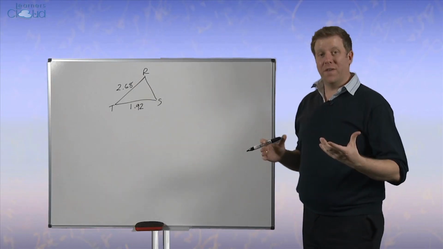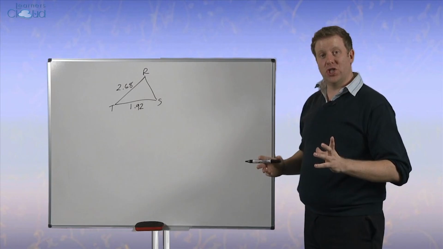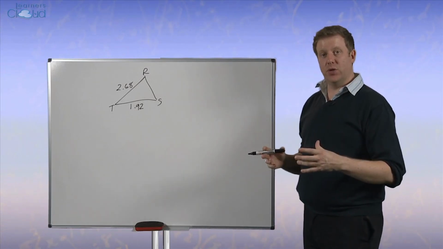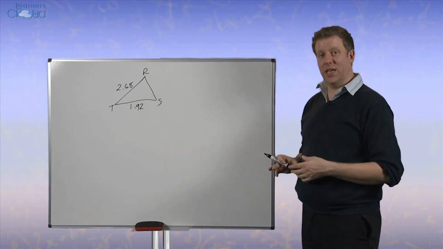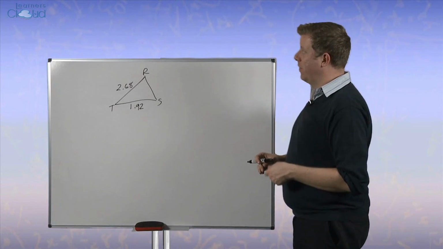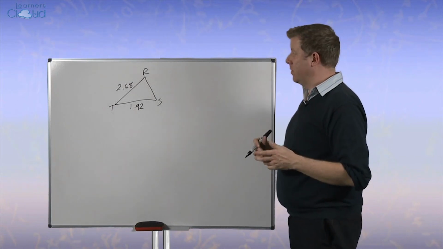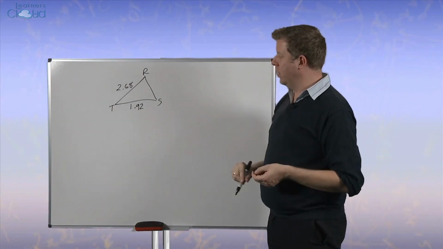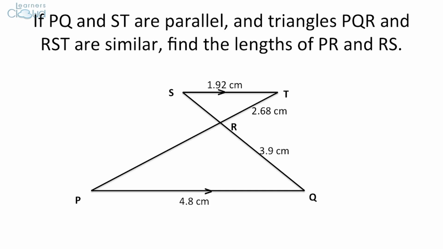So let's now look for that pair of sides that are going to show us the relationship between the two triangles, how much bigger one is than the other. And it's going to come from the bases of both triangles. The base of my smaller triangle is 1.92, and in the larger one it was 4.8.